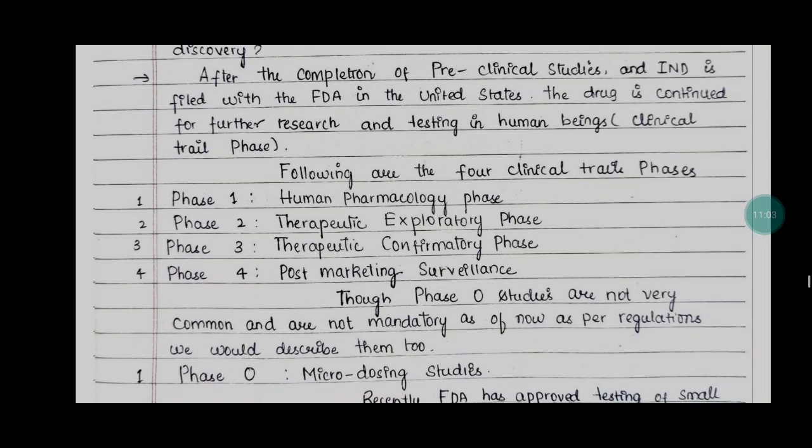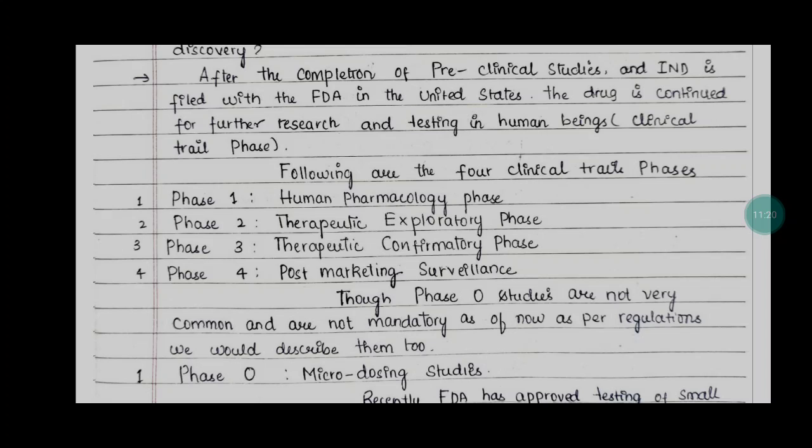So after the completion of preclinical studies, the IND is filed with the FDA in the United States, so the drug is continued for further research and testing in human beings in the clinical trial phases.